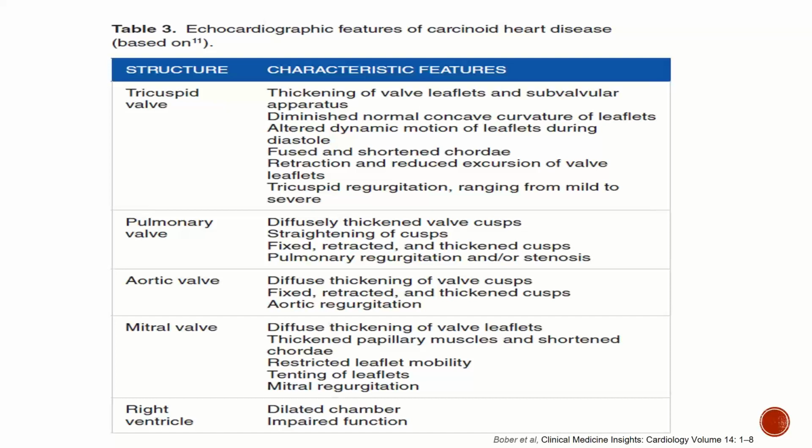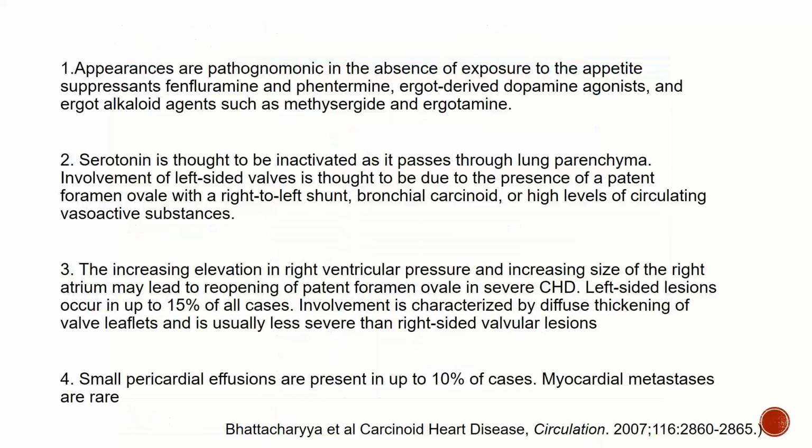The pulmonary valve also may be involved in this kind of patient, and it presents with diffusely thickened valve cusps, straightening of the cusps, and fixed retracted and thickened cusps, with either pulmonary regurgitation or pulmonary stenosis. The right ventricle is usually dilated with impaired function in those patients.